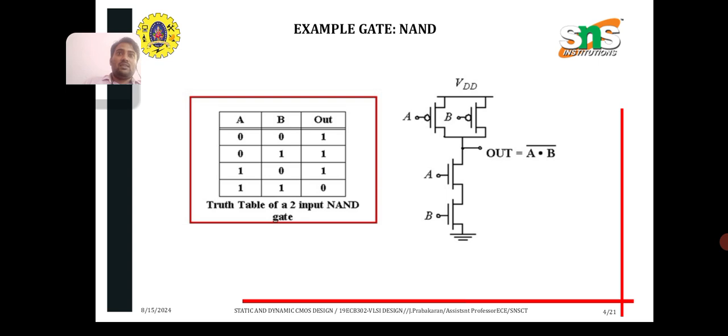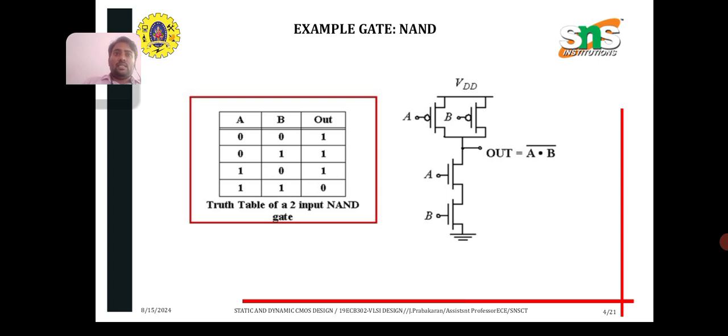Transistor level implementation. PMOS network: PMOS transistors are used to pull the output high. For a NAND gate, the PMOS transistors are arranged in parallel. If either A or B is low, at least one PMOS transistor will be on, pulling the output Y to high. And NMOS network: NMOS transistors are used to pull the output low.